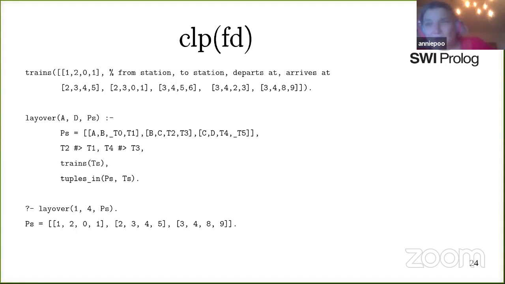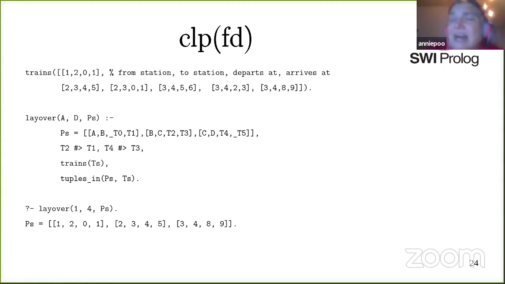So our voyage is going to consist of 3 stations, a voyage from A to B, B to C, and then C to D. So those have to match, and the departure time for the second train has to be greater than the arrival time of the first train, so we can catch that train.